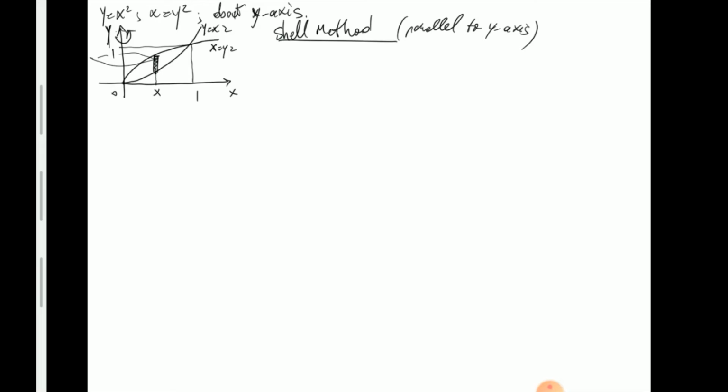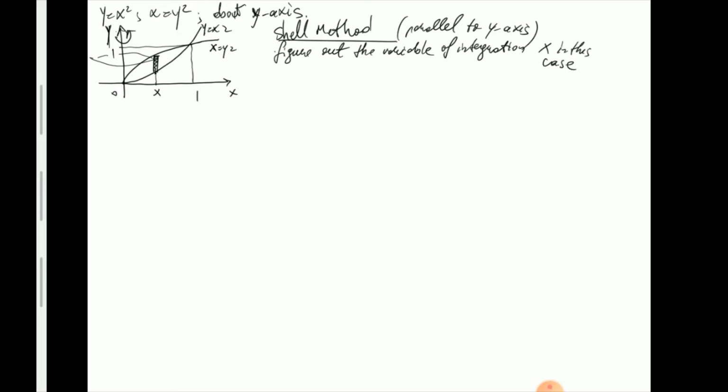It's very important to decide first, before you do any integral, before you set up any function, to figure out the variable of integration right after you decide the method. If you're happy with that variable of integration, which is x in this case, then you proceed with the method.